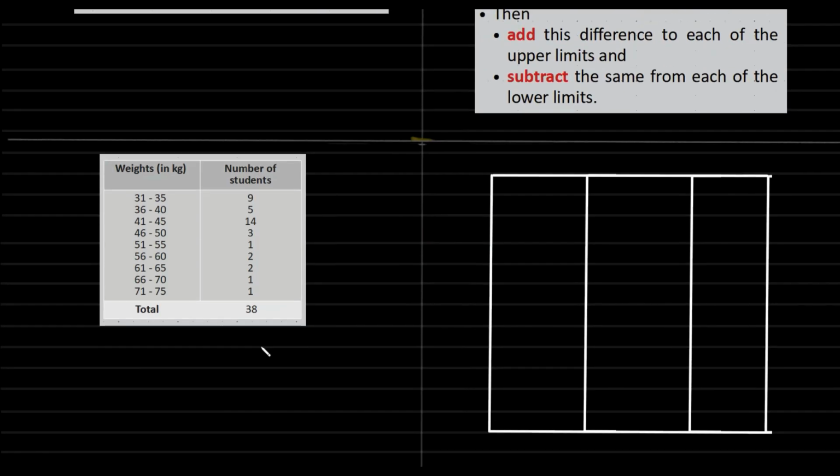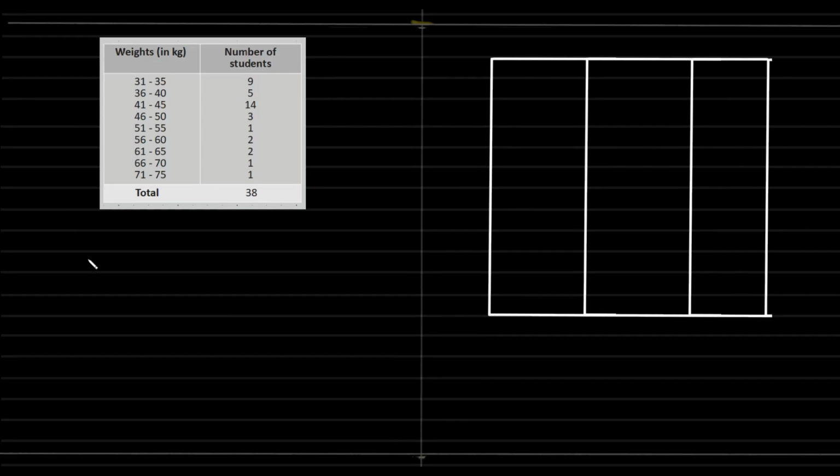So let me show and explain it to you guys. So first thing is the difference. Difference between the succeeding lower limit of a class minus the upper limit of the previous class.